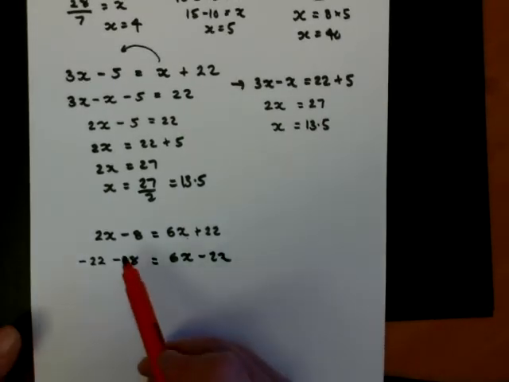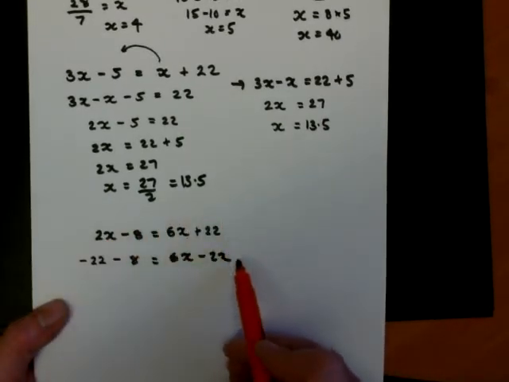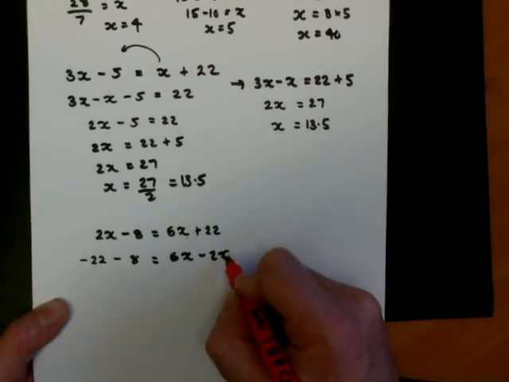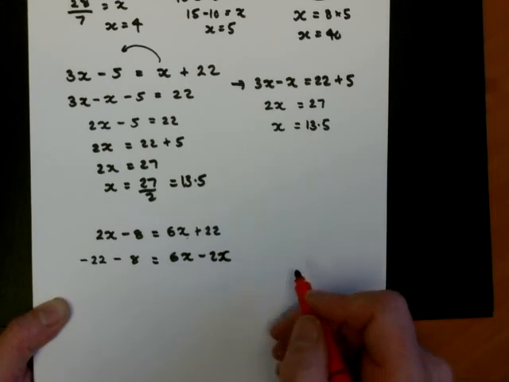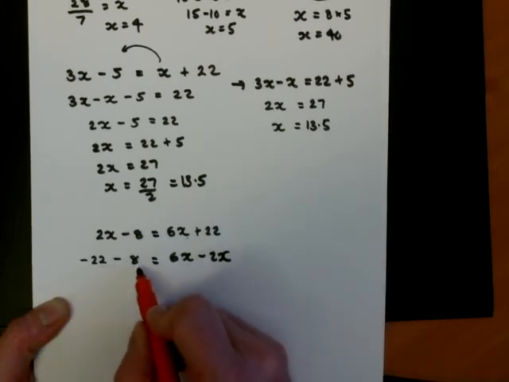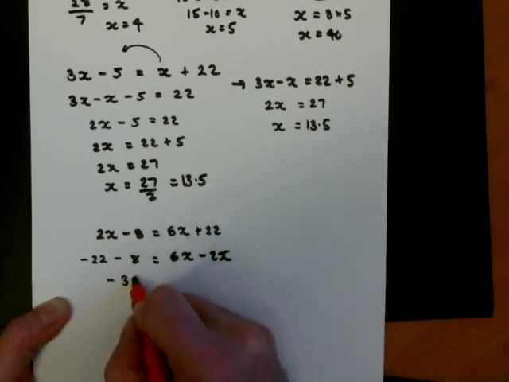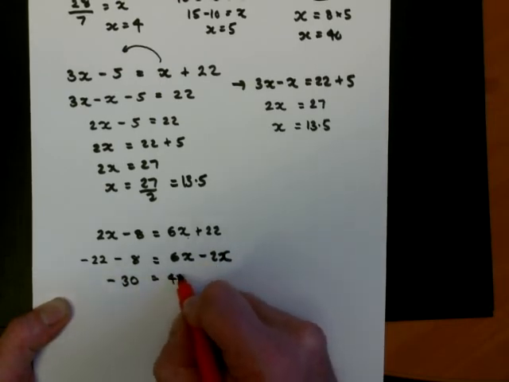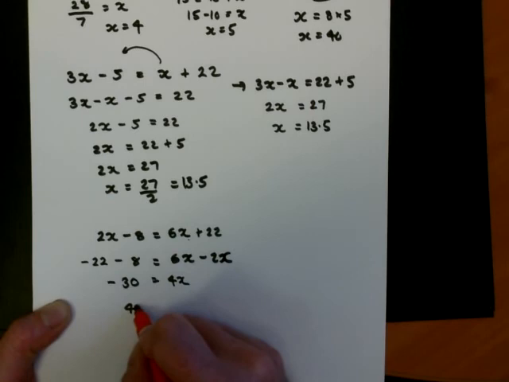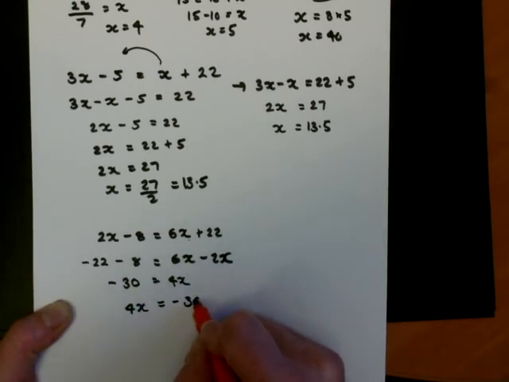So to recap then, we move the 2x across, and it becomes a minus 2x, and we move the plus 22 to the other side and it becomes minus 22. Now minus 22 minus 8 is minus 30. 6x take 2x is 4x. I could write that the other way around, exactly the same statement.